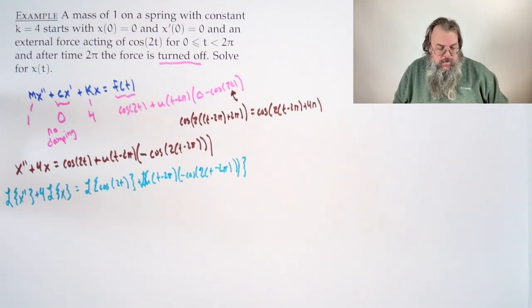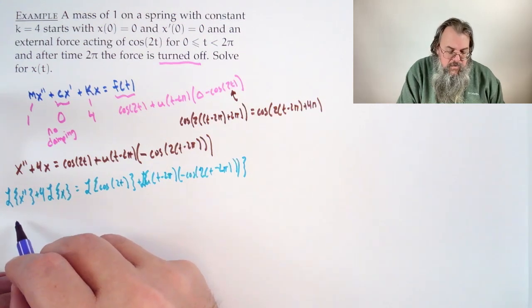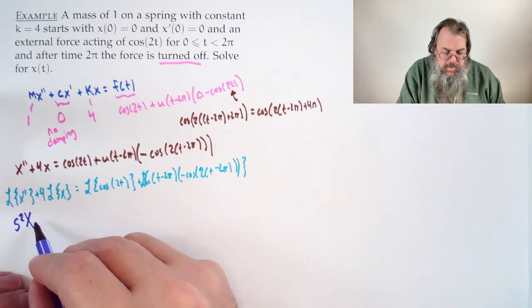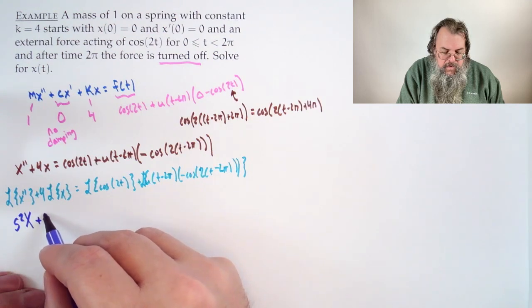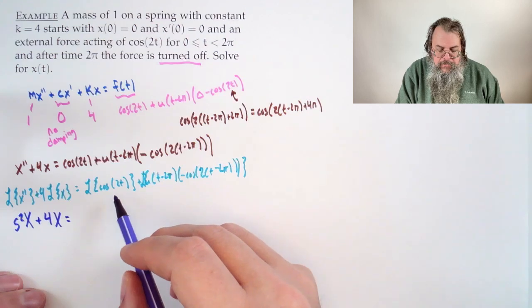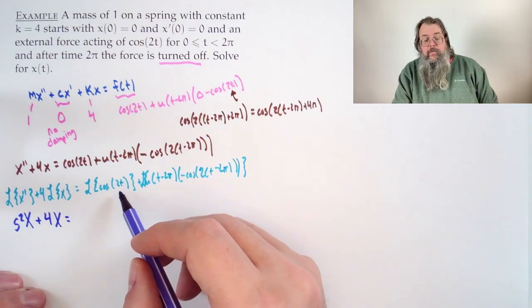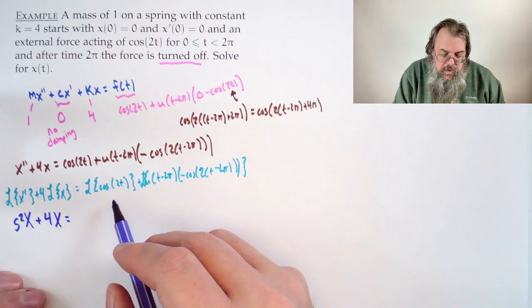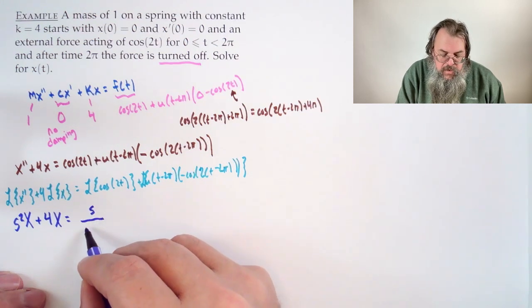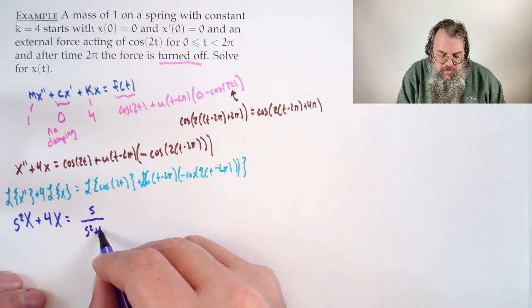Well, what do we get? Well, we get a couple of nice things here. We get an s squared capital X plus a 4 capital X is equal to, and here we're going to get cosine of 2t is s over s squared plus 4.